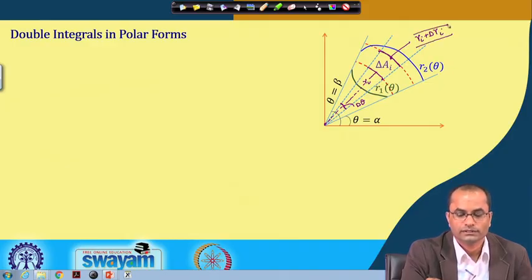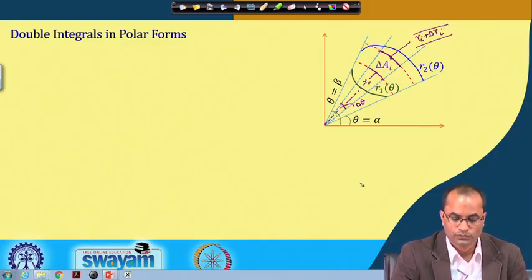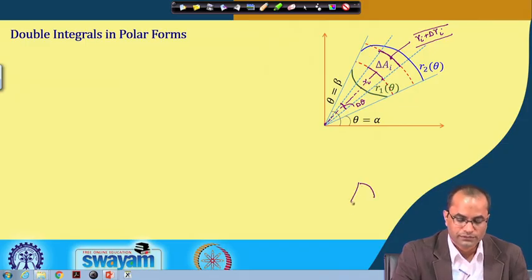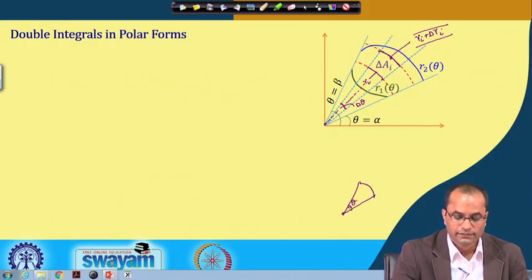Considering this, we also have to know that for a circular arc forming an angle theta, the area of this region will be theta by 2 into r square.